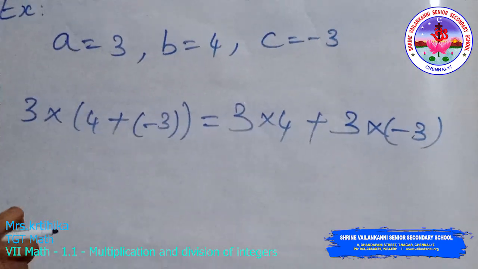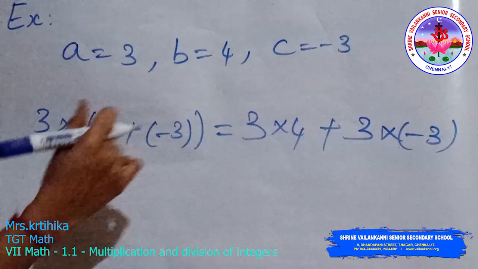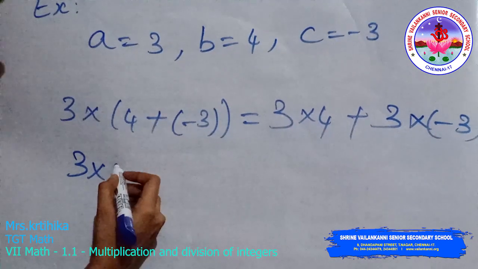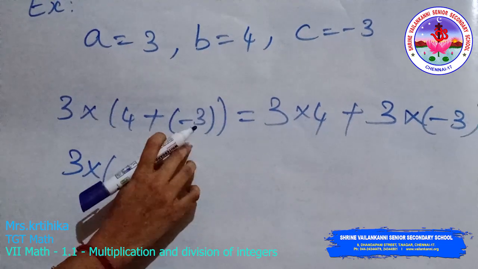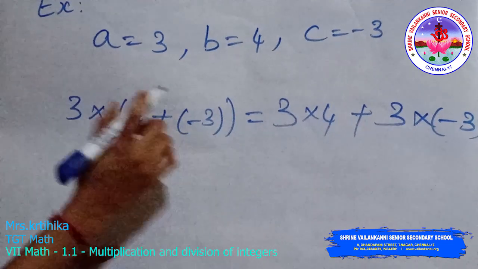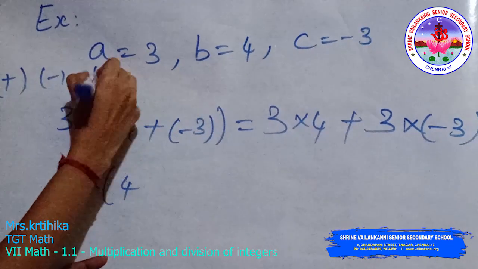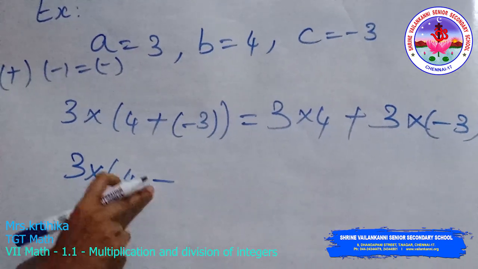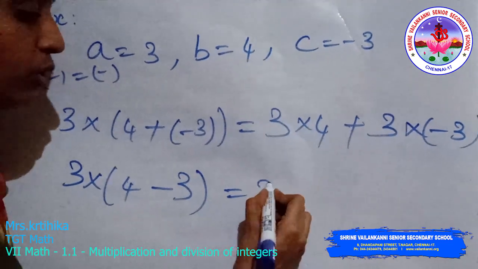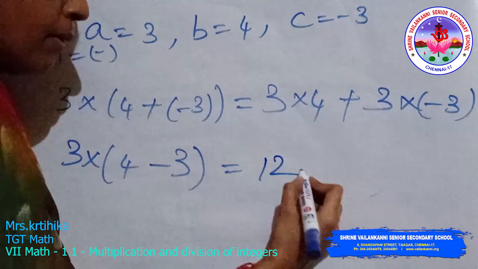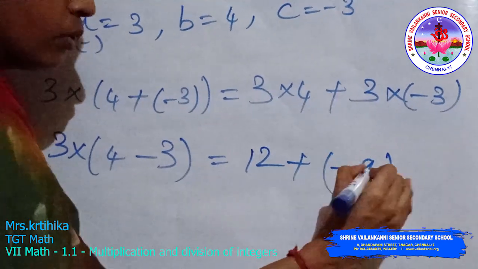First, using BODMAS, remove the brackets. 3 into 4. Here positive and negative signs are together, so we use plus into minus is equal to minus. So the sign here is negative: 4 3s are 12 plus 3 into minus 3, 3 3s are negative 9.